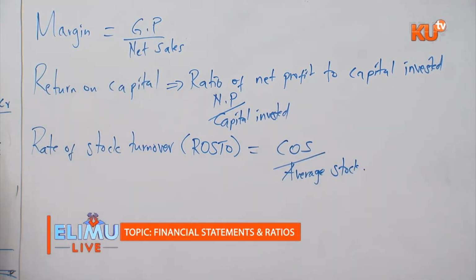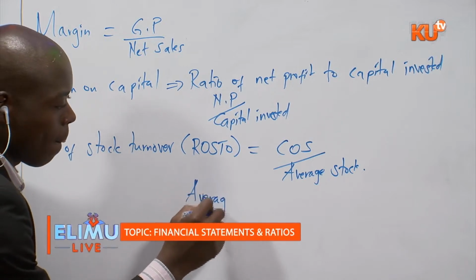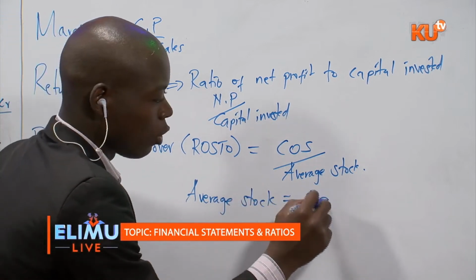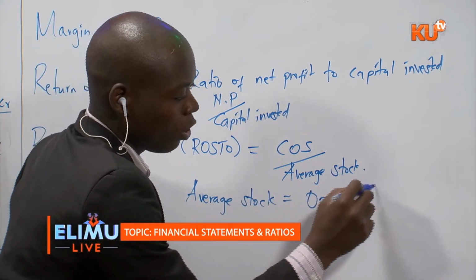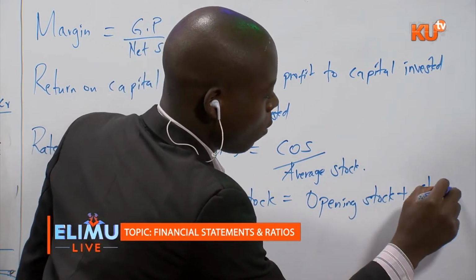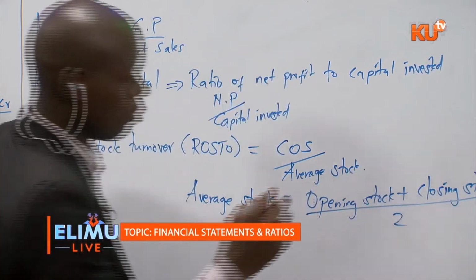And in this case, average stock is determined by opening stock. We add closing stock, and then we divide it by 2.